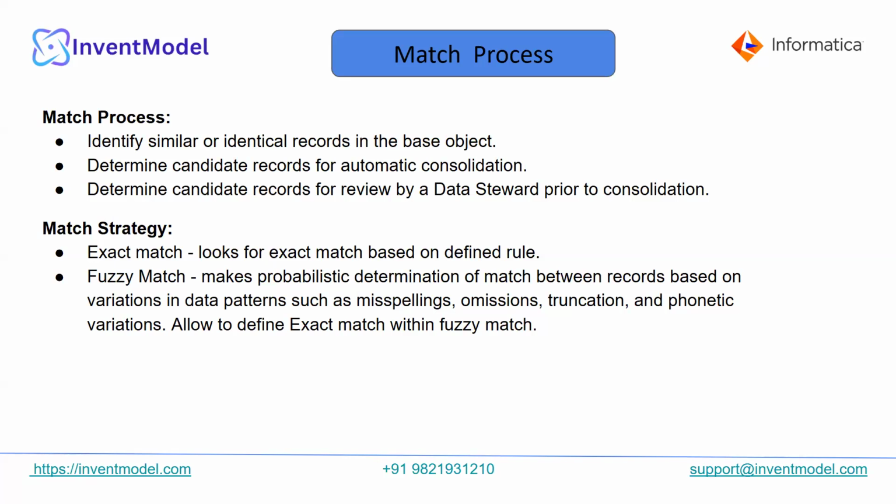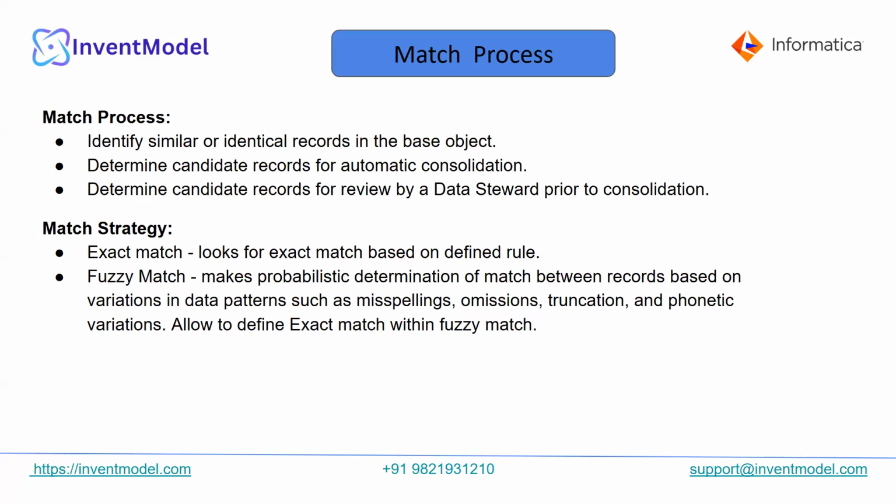So there are match rules. We define a match strategy so that we match the duplicate data and remove the duplicacy using this match process. We have two types of match strategy available in the MDM. One is exact match.